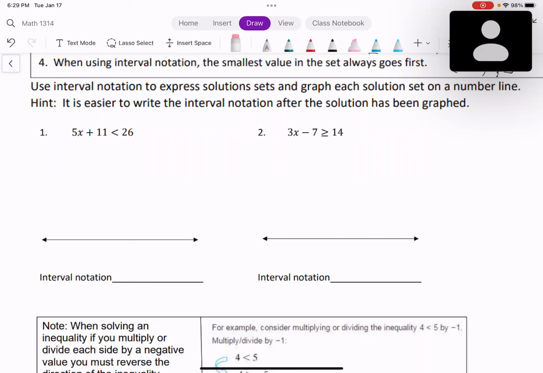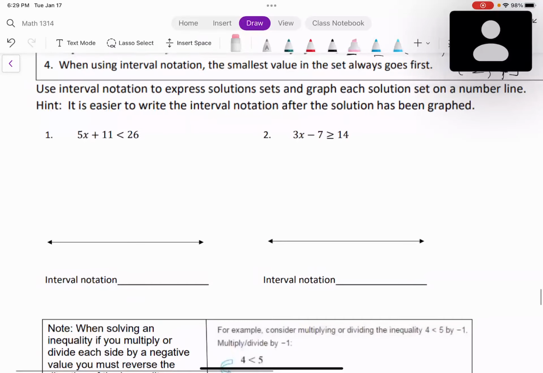So we are solving for x. We need to isolate x. We must have x on one side of the inequality. So we must get rid of the 11 first, and then get rid of the 5. We need to subtract 11 from both sides. 5x is less than 26 minus 11, that is 15.